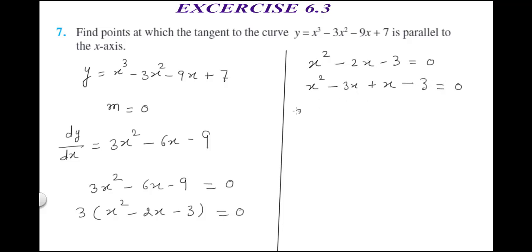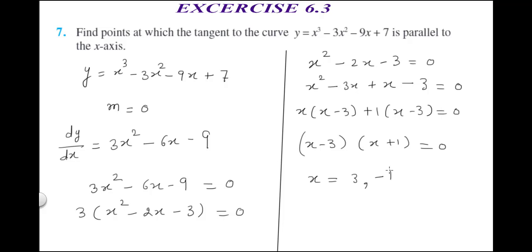Taking common, we have x into x minus 3 plus 1 into x minus 3 equals 0. So we get x minus 3 and x plus 1 as two factors. So the values of x are 3 and minus 1.